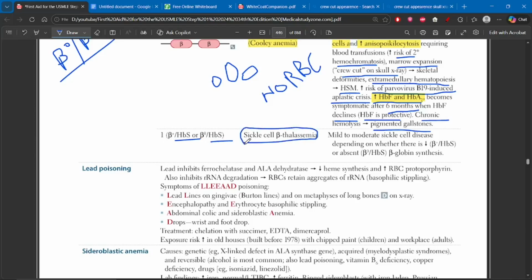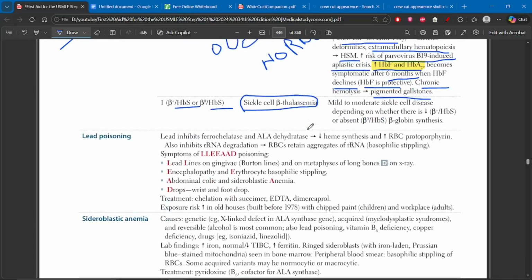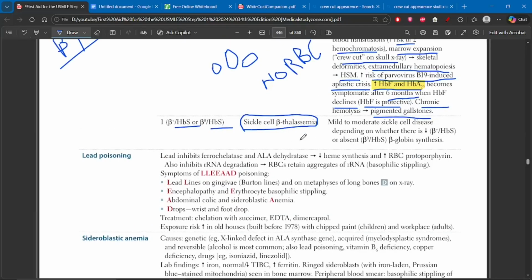It is rare, but patients can get affected by both of these problems at once. And this just causes a moderate sickle cell disease, depending on whether there is decreased beta thalassemia or absent beta thalassemia. It depends on the symptoms. So yeah, this is another possibility that you have to keep in mind.